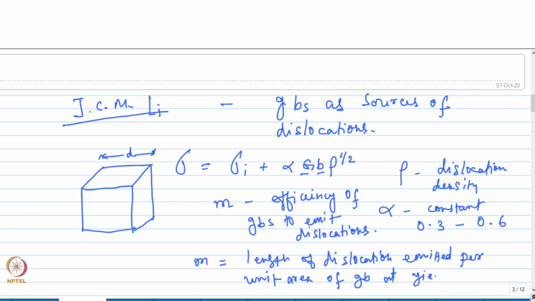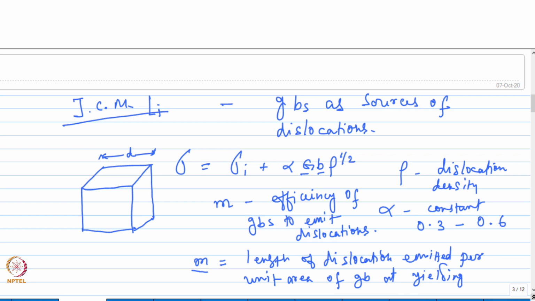That means when the material has started deforming plastically, at that point, the length of dislocations emitted per unit area of the grain boundary can be taken as M, okay, or the efficiency of the grain boundaries to emit dislocations.